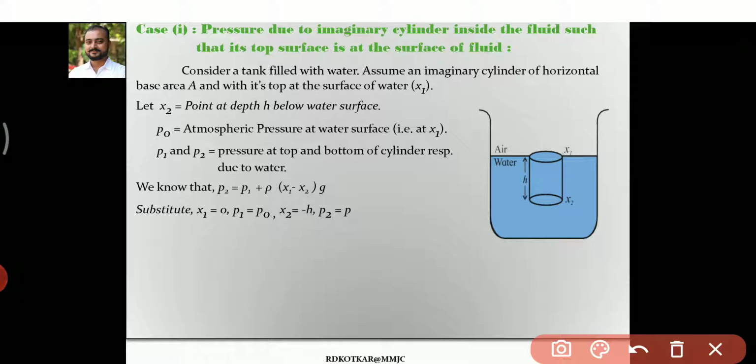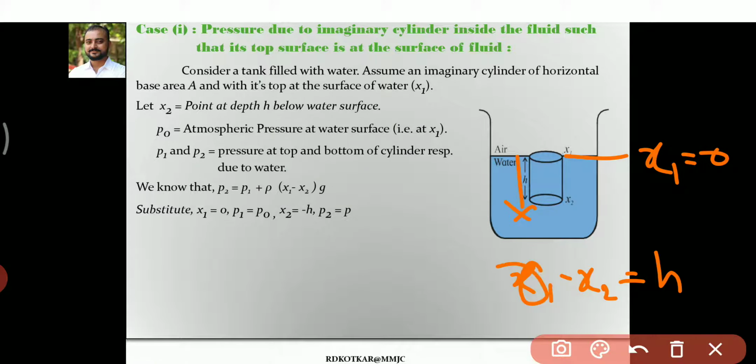So how do the coordinates become? Let x1 be the origin, because we measure the depth below the surface of the liquid, so x1 is 0. What is x2? We have x1 minus x2 equal to h, and as x1 is 0, x2 equals minus h.